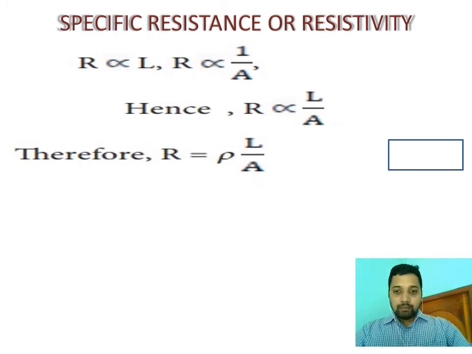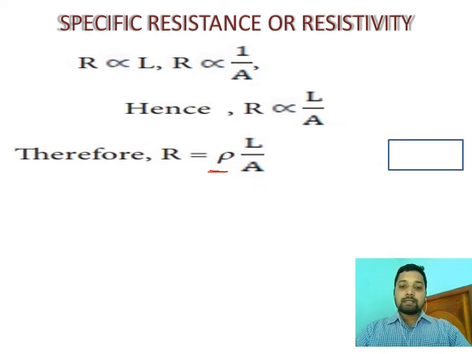R, or resistance, is inversely proportional to area. So we get R is proportional to L by A. To equalize the proportion, we use a constant of proportionality. Here the constant of proportionality is rho. Rho is the specific resistance, or rho is the resistivity.